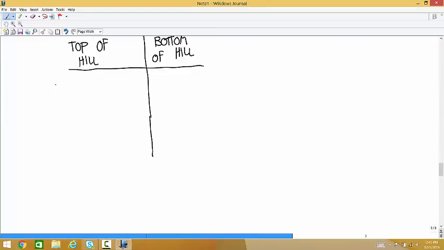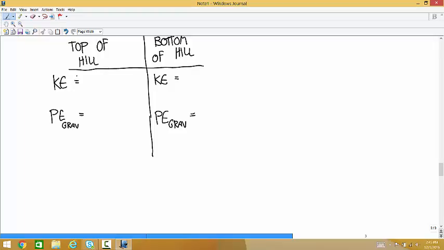At each of these, I'm going to calculate the kinetic energy and the gravitational potential energy, and then we'll put it into the conservation of energy equation.